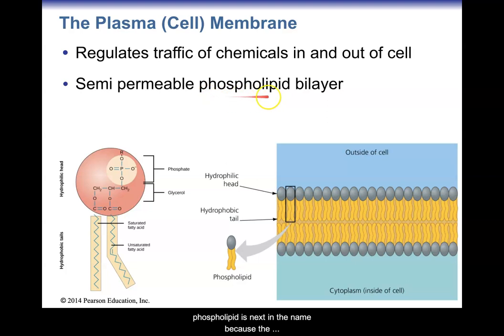Phospholipid is next in the name because phospholipids are the components that make up the plasma membrane. Check it out. Here I have boxed a single phospholipid. It has that gray, what's now in pink here, hydrophilic head. I'll go over that. And it also has these yellow tails.